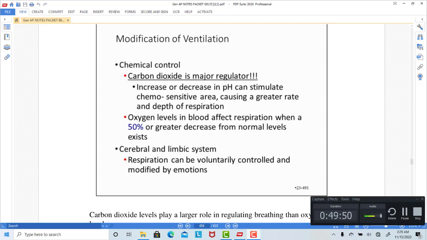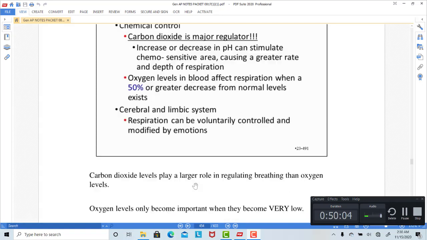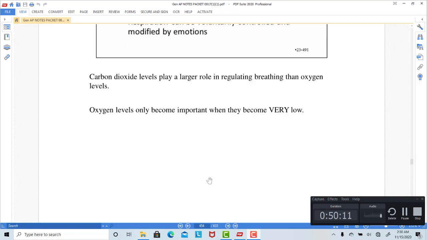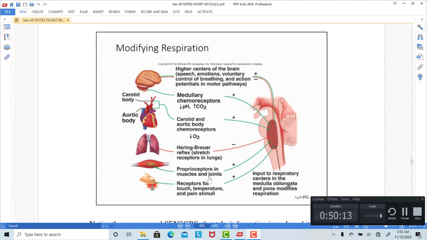Because we have the help of hemoglobin, oxygen levels don't change that quickly to affect the respiratory rate. But carbon dioxide does, and that is something that we don't want to build up in the body. So it's tightly regulated, and we change our respiratory rate based on those carbon dioxide levels. So, things that affect the respiratory rate: our brain can influence our respiratory rate.